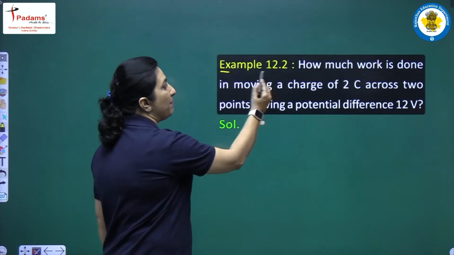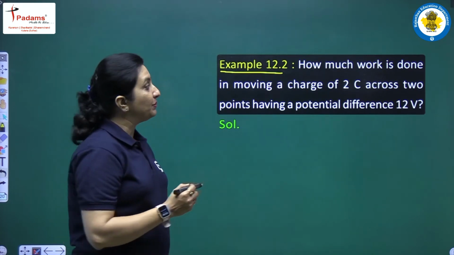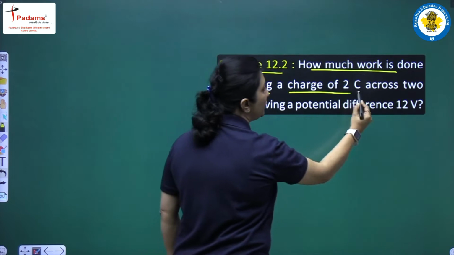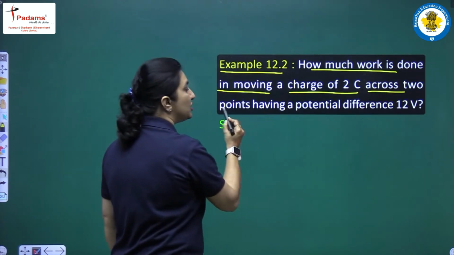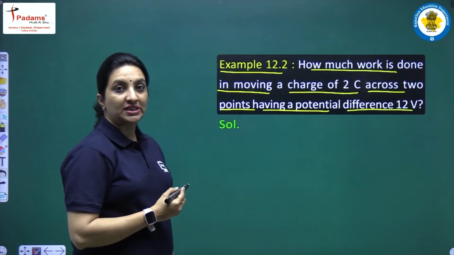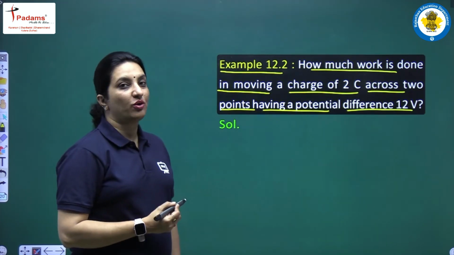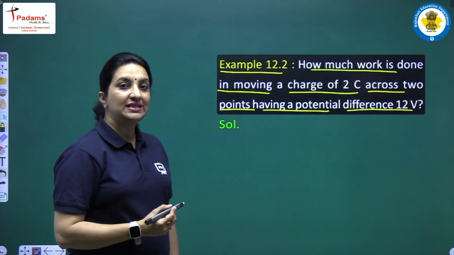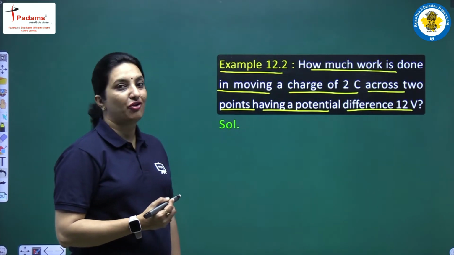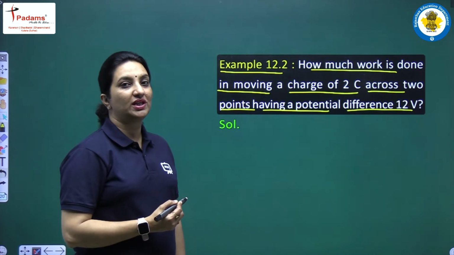So example 12.2. How much work is done in moving a charge of 2 Coulomb across 2 points having a potential difference 12 volts. Now students, to begin with solving the problem, we will first write the physical quantities which are given. Then we will write the formula used and then we will solve the problem.